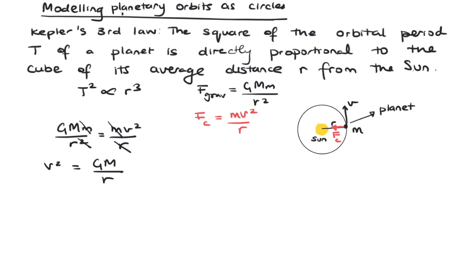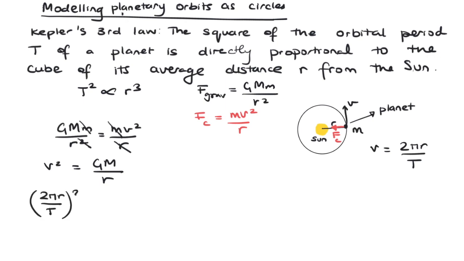We're halfway through actually, because we now need to convert this velocity in terms of the time period. And we know that v is equal to 2 pi r over T. We can use that in our equation here and square everything.